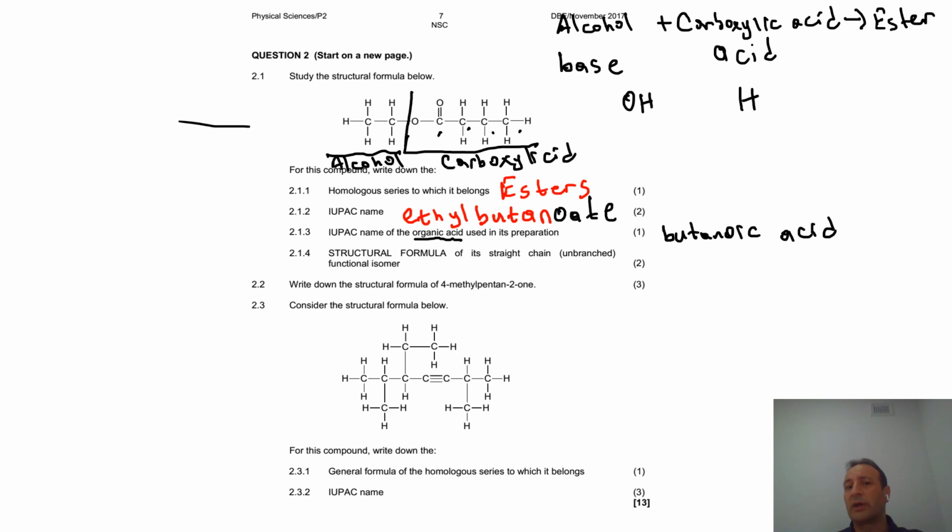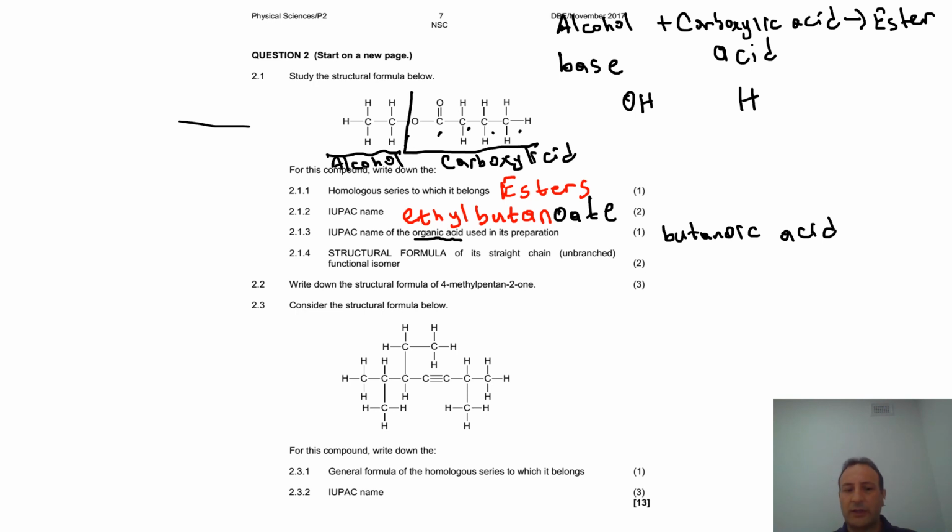Structural formula of its straight chain functional isomer. Alright, now let us remember what is an isomer and what is a functional isomer. We have structural isomers in organic chemistry.